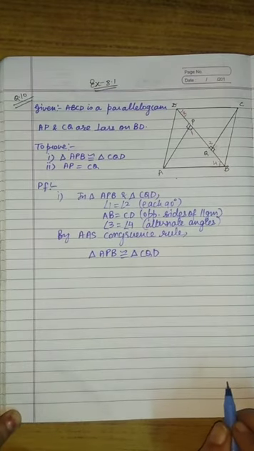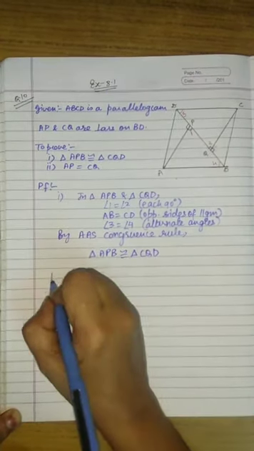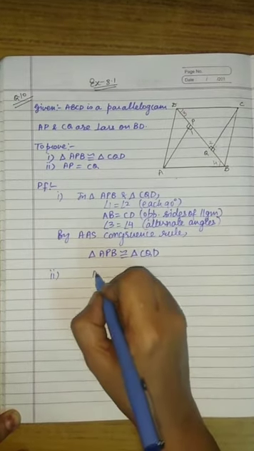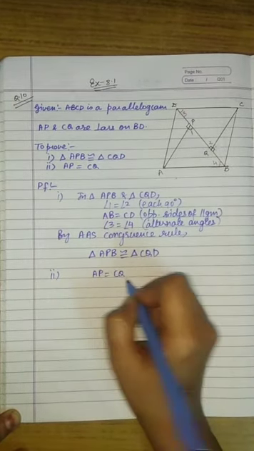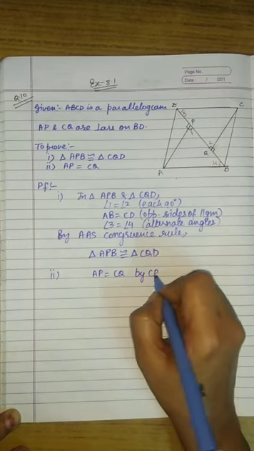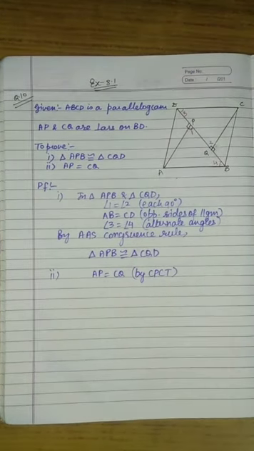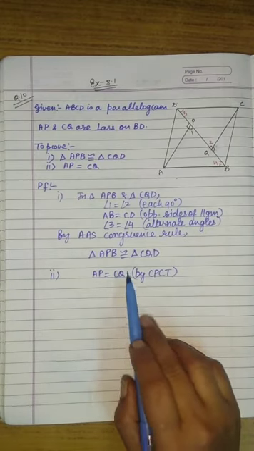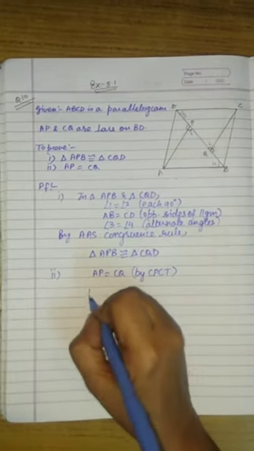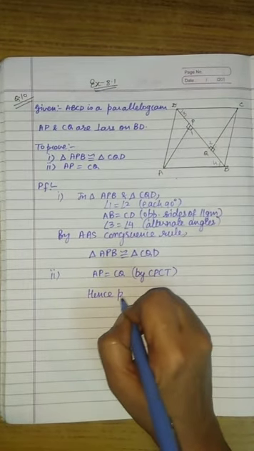Now both the triangles are congruent. Now second part, AP is equal to CQ by CPCT. So corresponding parts of congruent triangles, AP is equal to CQ. Hence we have proved both the parts. So hence proved.